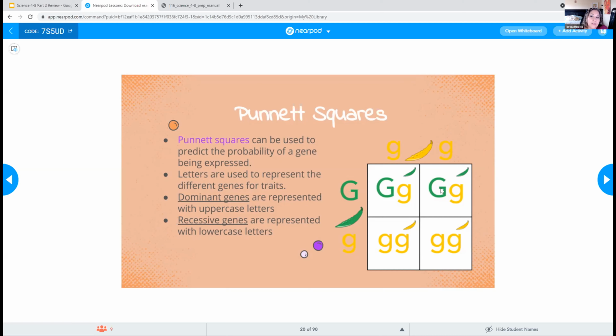Over here, I also have an uppercase, so that's a green pea pod. And down here, because I have 2 recessive genes, I'm going to get yellow. Same thing here. So overall, there's a 50% chance of these 2 plants producing offspring with green pea pods, and a 50% chance of them producing yellow ones. Okay, questions on that?